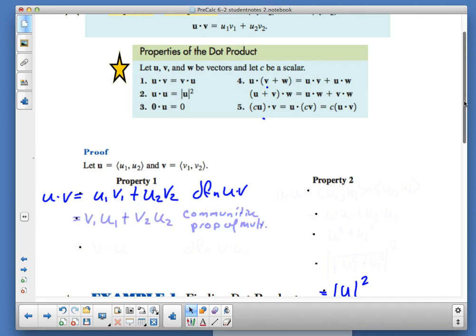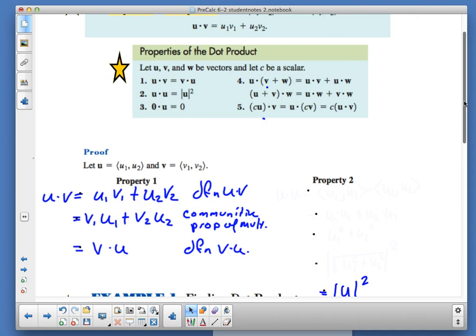What we're showing here is that we have a commutative property in multiplication, so our vectors have the commutative property. So I can now bring this back to my v times u, and I have the definition of v times u. So it's a pretty simplistic way of looking at this proof, okay? But it's a proof of how property 1 would be applied.